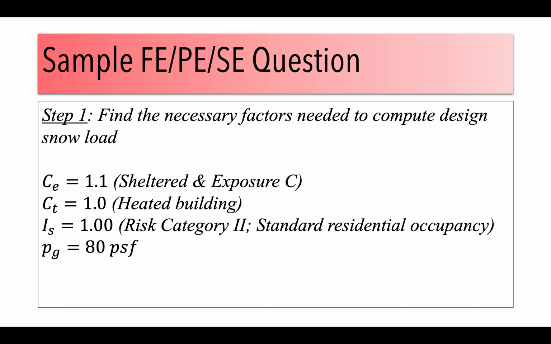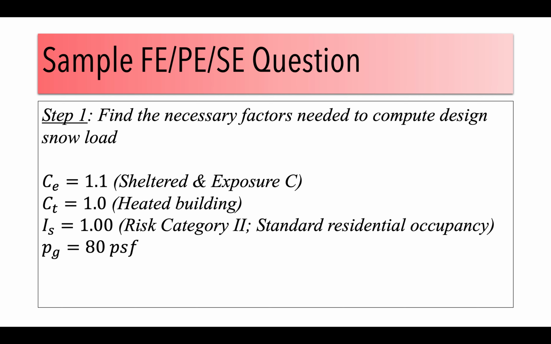So the first step is to find all the necessary factors. It's very easy. We've already talked about these factors. For example, the exposure factor is 1.1 according to our information. And the building is a heated building, so the thermal factor is going to be 1.0. And the importance factor, because it's risk category 2, that is the standard residential occupancy, is going to be 1.0.